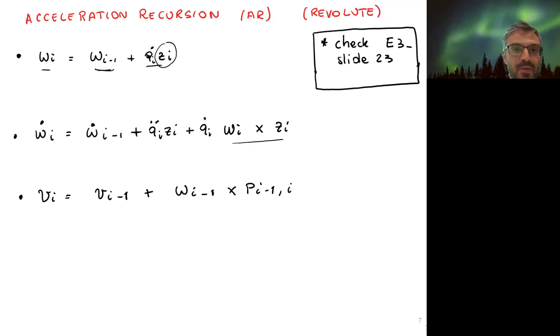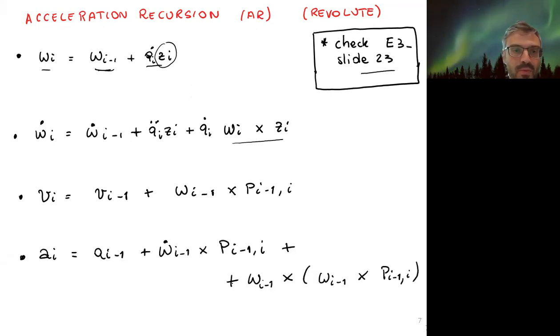And for the linear velocity, for revolute joints we have this expression that you can find in slide 23 of the lecture on differential kinematics. If you differentiate this, you get this expression.